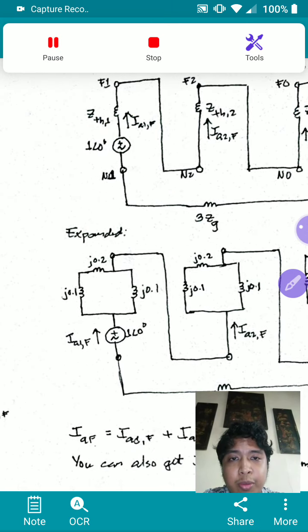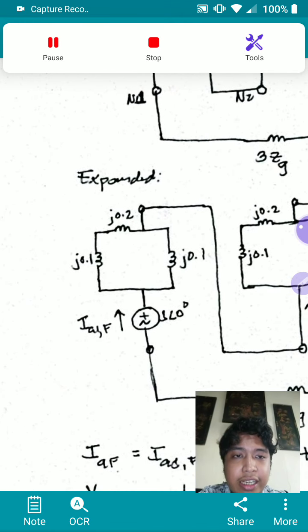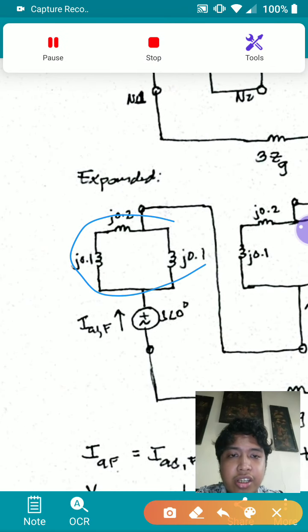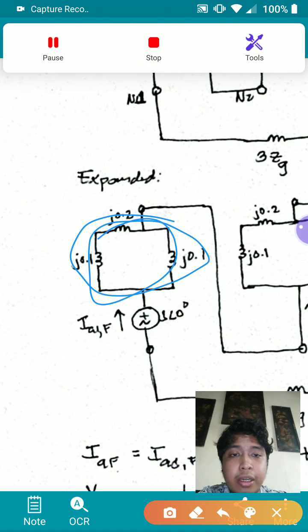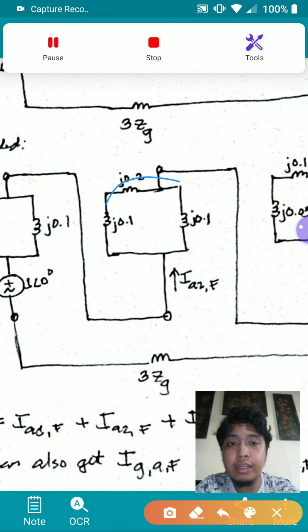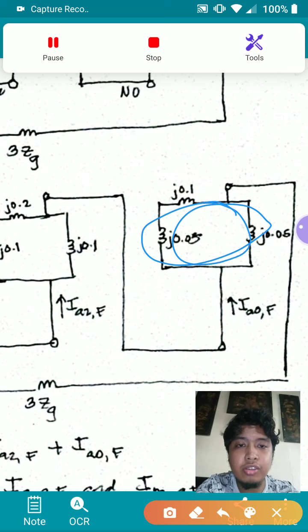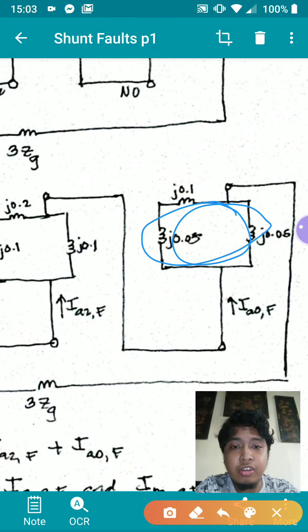The expanded form of that is this one. You basically have the ZTH here. This is your ZTH, 0.2 plus 0.1 parallel 0.1. You have the ZTH here for the negative sequence, and this ZTH here for the zero sequence. It's 0.05 plus 0.1 parallel 0.05.